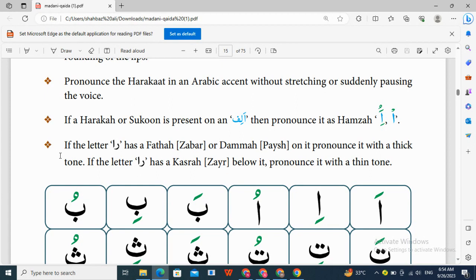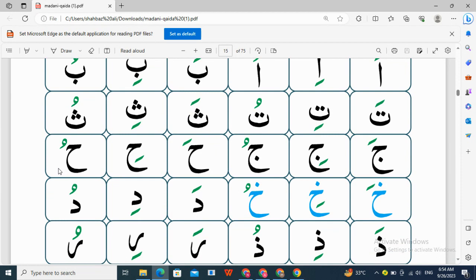The last point: if the letter ra has a fatha, which means zabar, or a damma, which means pesh, on it, pronounce it with a thicker voice, just like ra, ru.